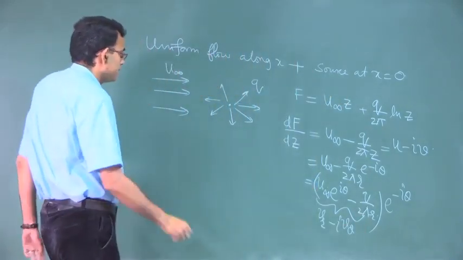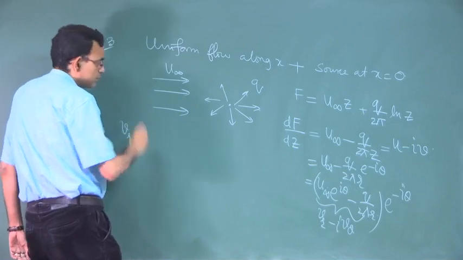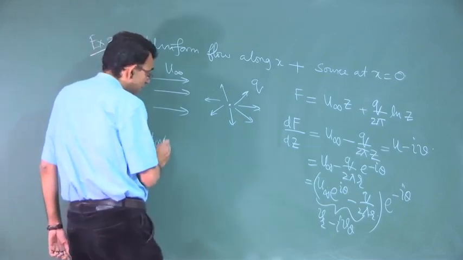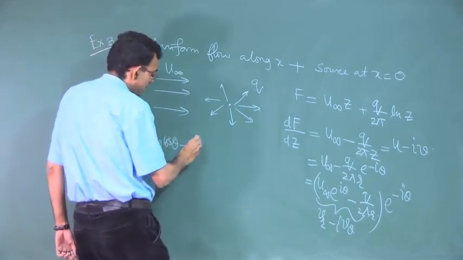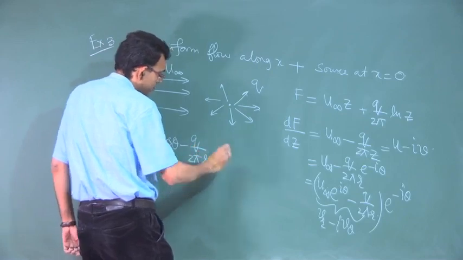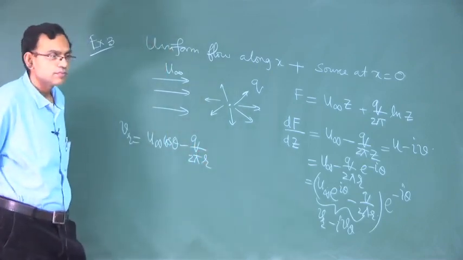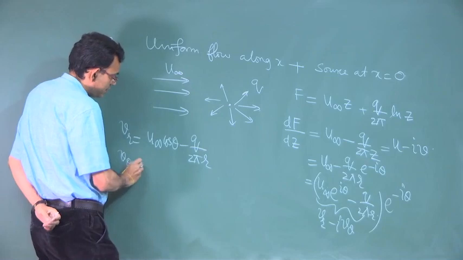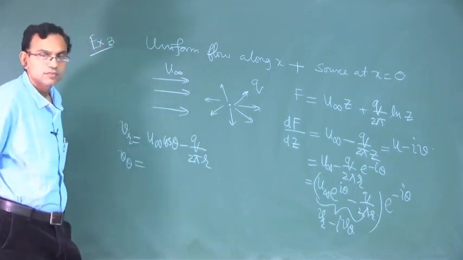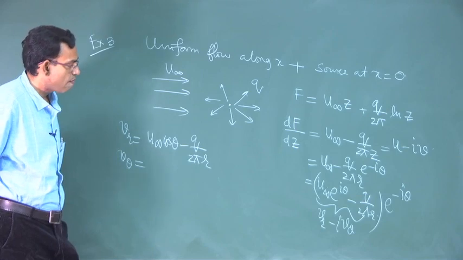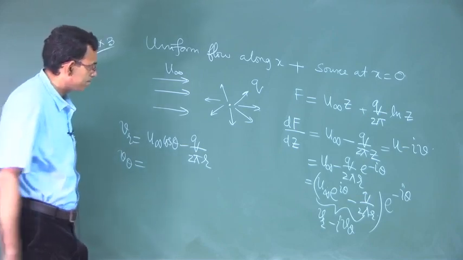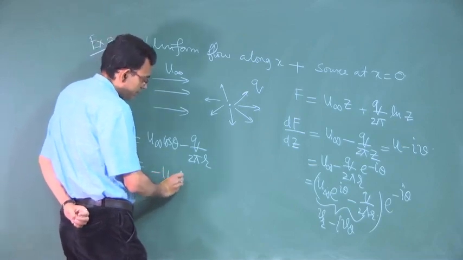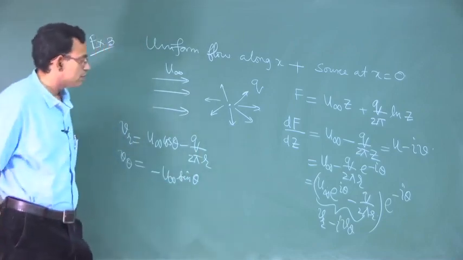So, what will be Vr? U infinity cos theta plus q by 2 pi r. And V theta is minus u infinity sin theta, right.